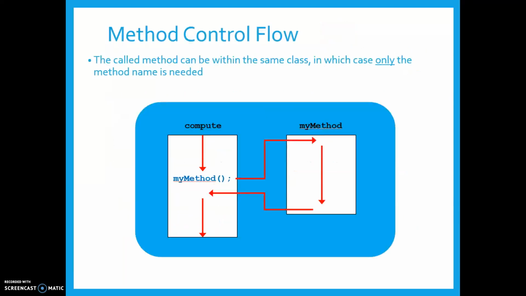Now, on this slide, we talk about the flow of control. And so there are a couple different ways that we can write a method. The first way is that we can write a method within the same class. And when we say the same class, we mean in the same .java file. So when this happens, we only need the method name to call it.